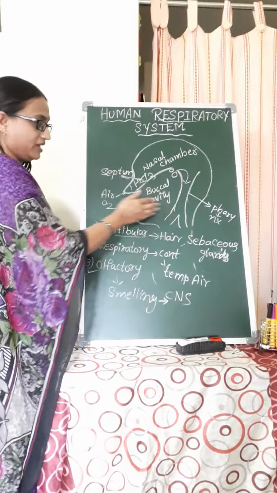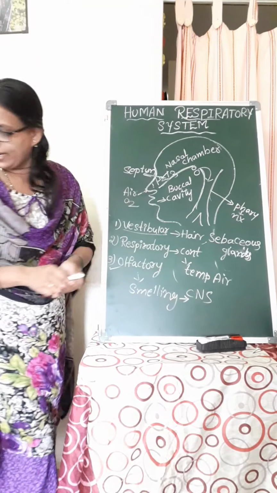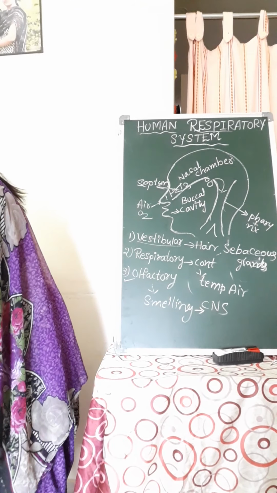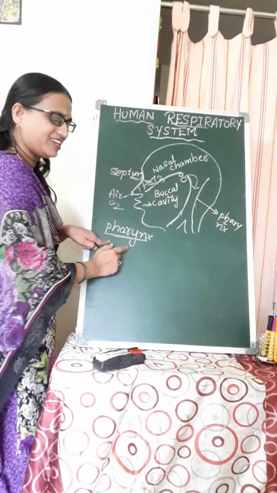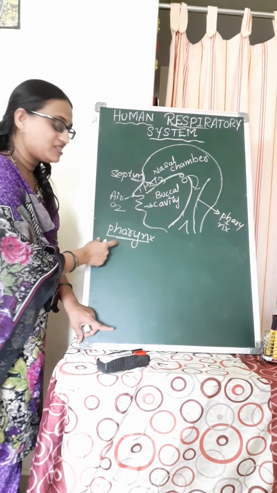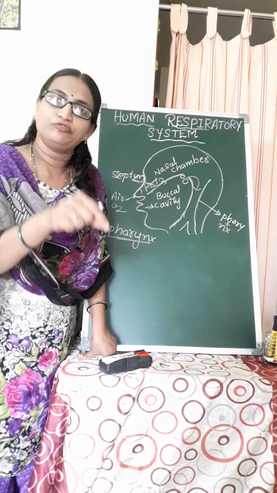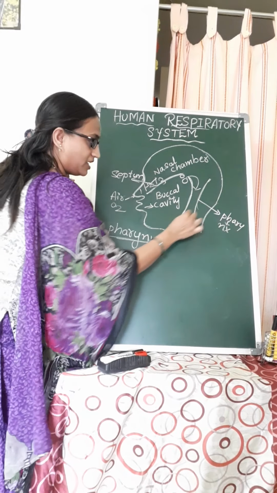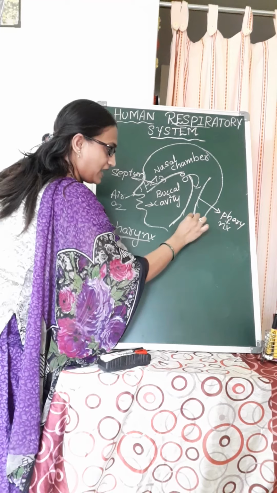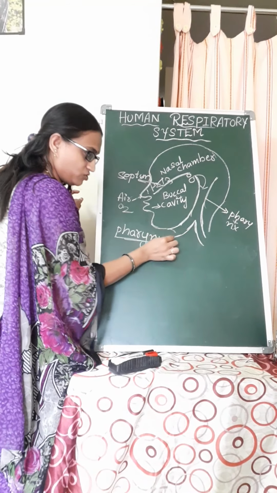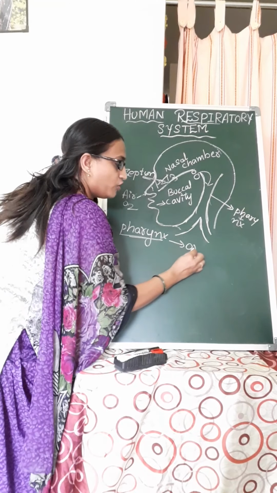After the pharynx, what will happen? See here in the diagram. There is no structural difference in the pharynx. The pharynx is a common tract for both food and air, and it continues and divides. The part which is connected to the digestive system, or the buccal cavity, we call the oropharynx.